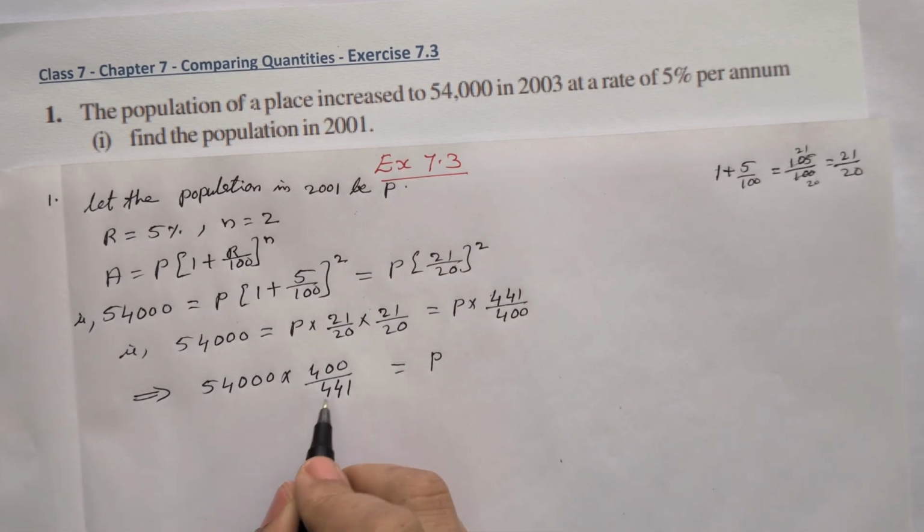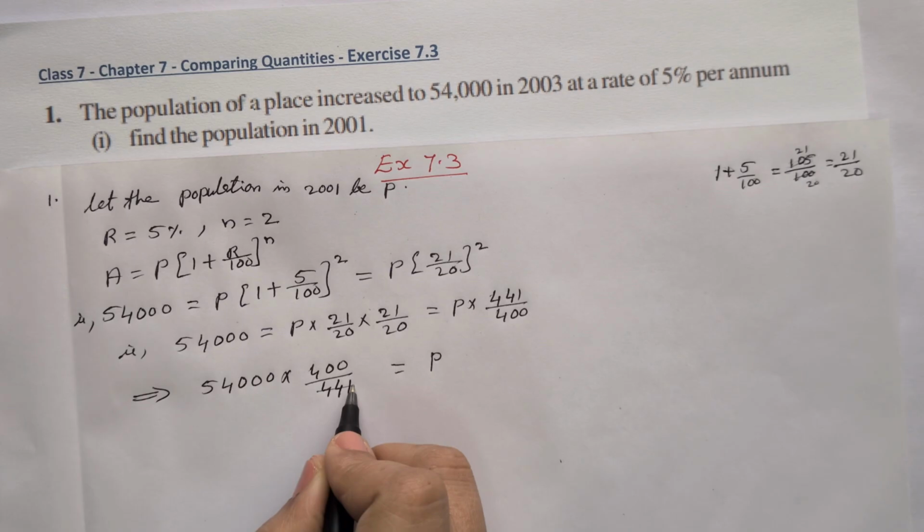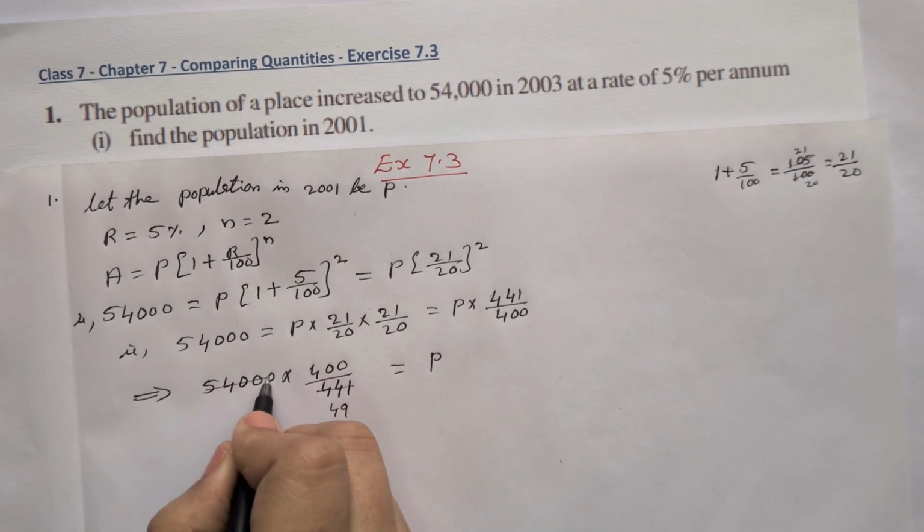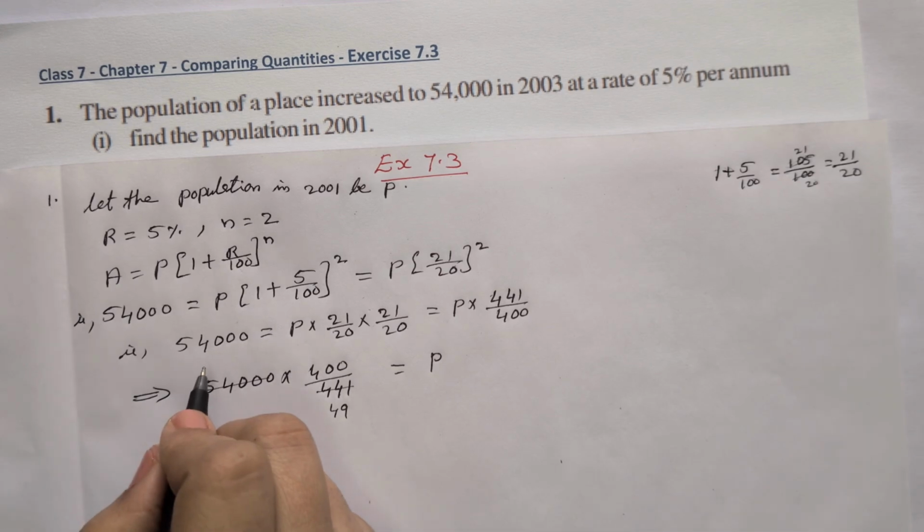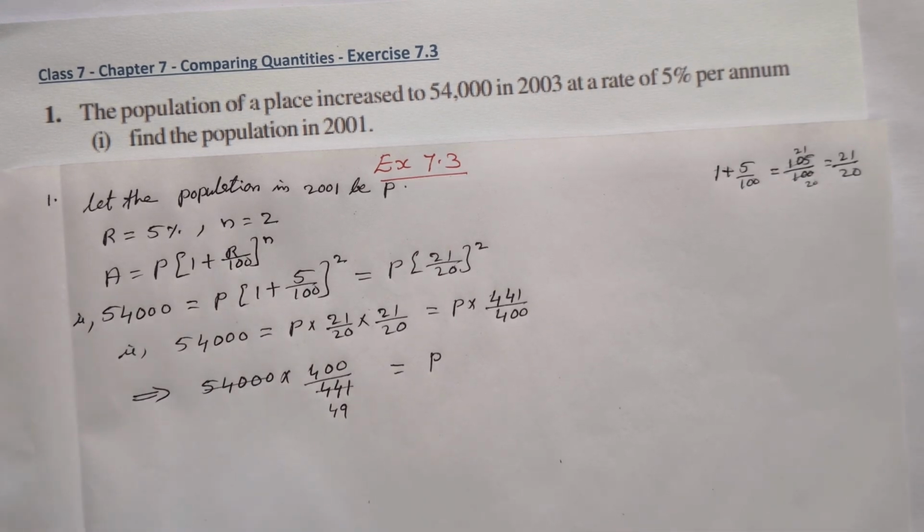When we are dividing by 9, here it will come 49, and this will come as 600.